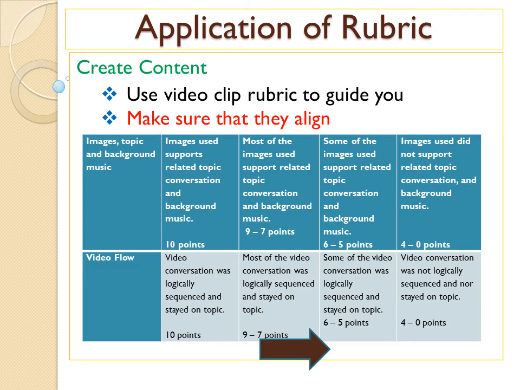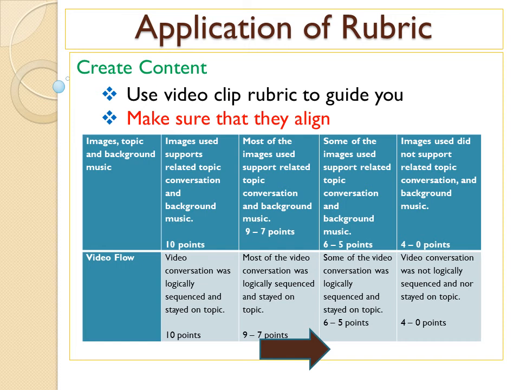When creating the content and you're using images, the rubric can help you as a guide. For images, topic, and background music, make sure they are appropriate and related to the conversation. On the rubric, it starts at 10 points and goes on to 0 points.